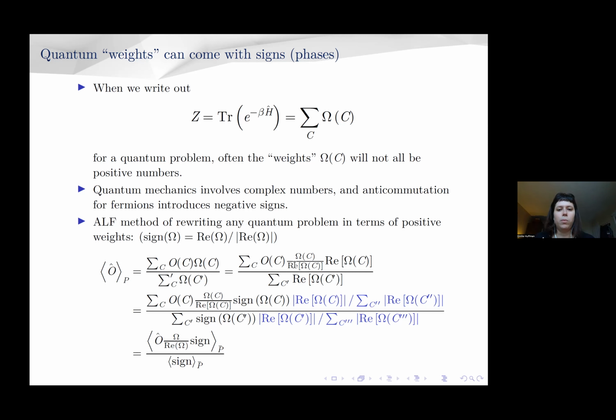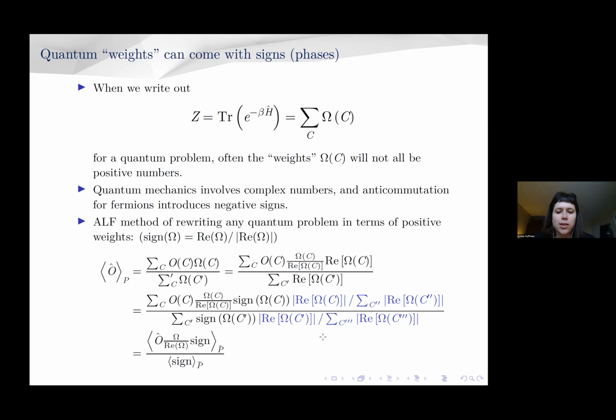One of the first things that's done is, assuming this omega is complex, you can introduce an identity where you take the real part in the numerator and the real part in the denominator, so nothing's changed. Now you've introduced at least a real weight. The denominator just gets replaced by the real part only, because you know that the partition function must be a real number at the end anyway.